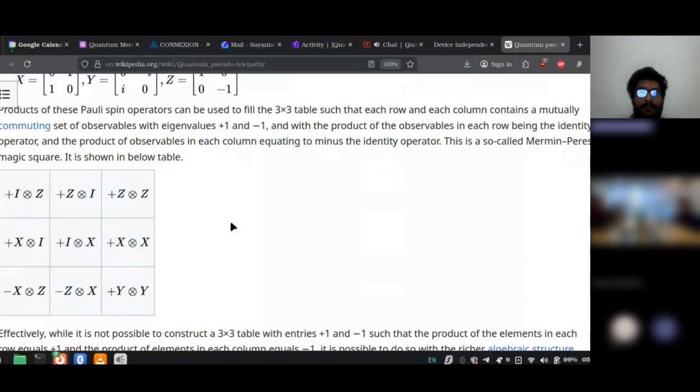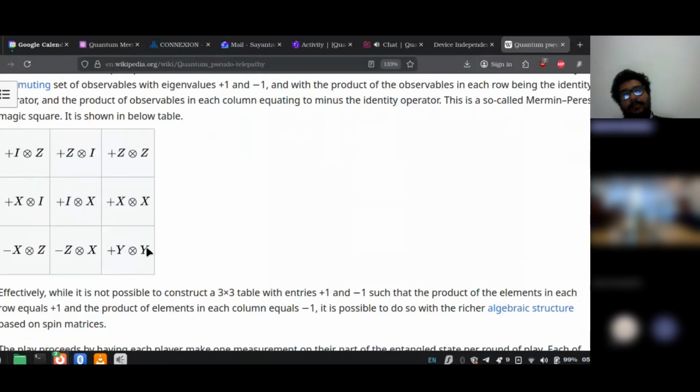What this table is telling you is that if Alice gets x equal to 0, she is going to measure these observables in row 0. Notice that these observables commute, so the distribution is going to be fine. It doesn't depend on the order of the measurement. This is actually true for each row and each column.